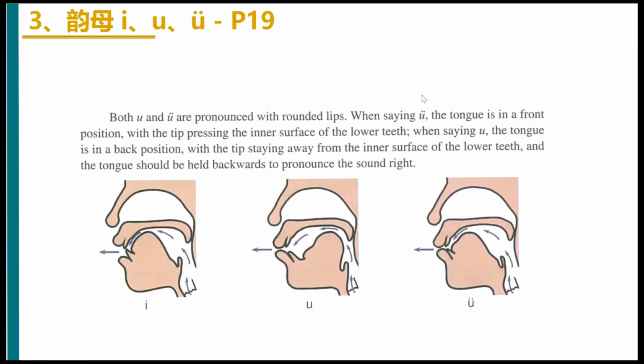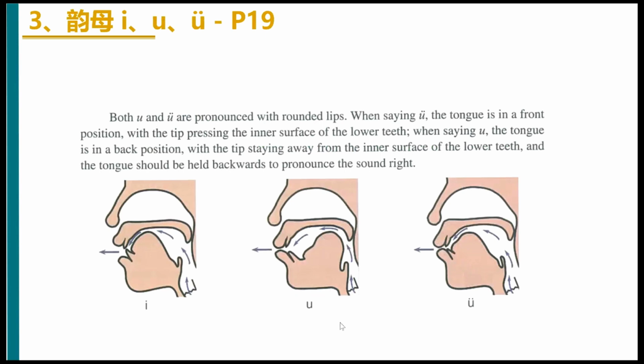Third group is the 韵母 finals, i, u, yu. Both u and yu are pronounced with round lips. When saying yu, this last one, the tongue is in a front position with the tip pressing the inner surface of the lower teeth.